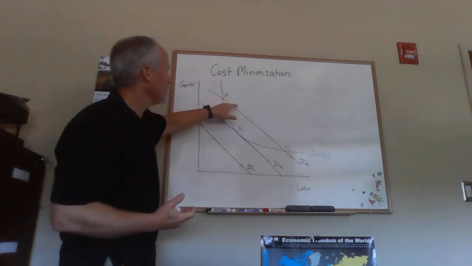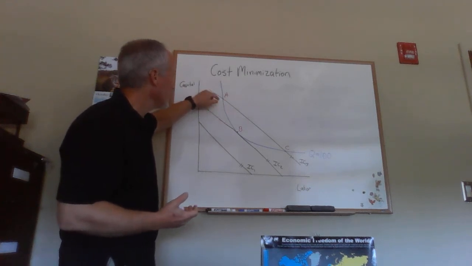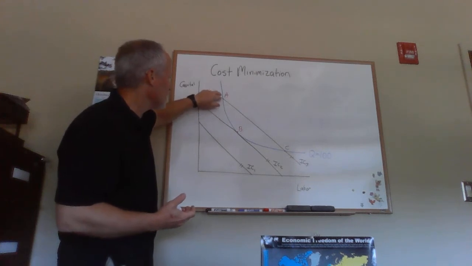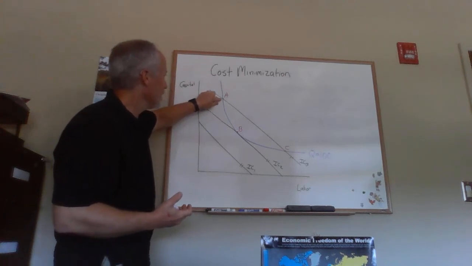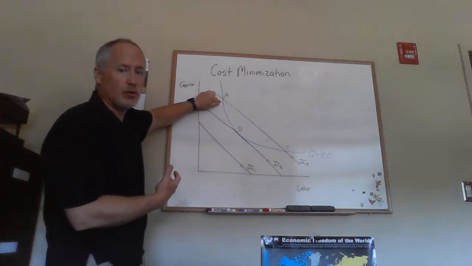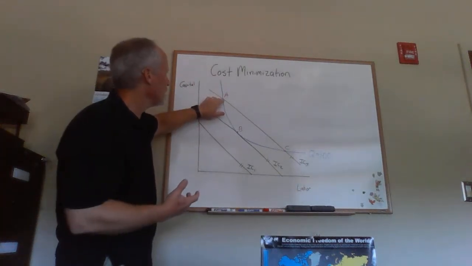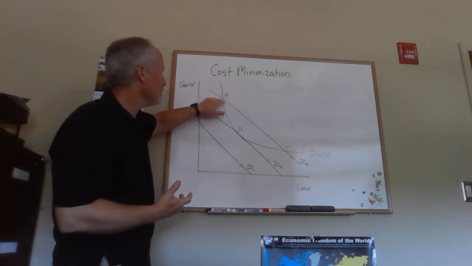Because the isoquant is steeper than the isocost, it's going to cut down here, and it'll necessarily get to isocosts that are a little bit closer to the origin. In fact, it's going to get down here to IC2.